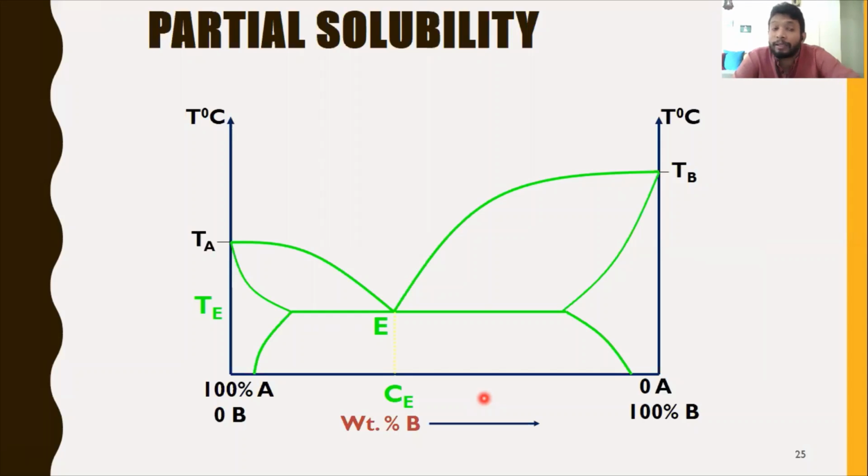In complete insolubility, it's like water and sand; when they mix together, even after hours, we will see sand and water separately. It's just an expression, not the actual thing. When it comes to partial solubility, in the graph you can see A is high in this region and B is high in this region.